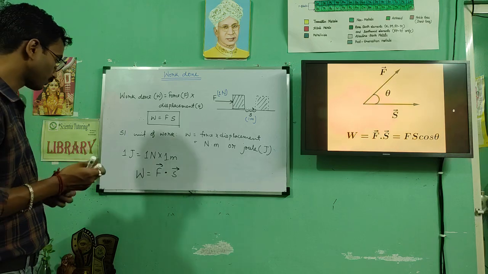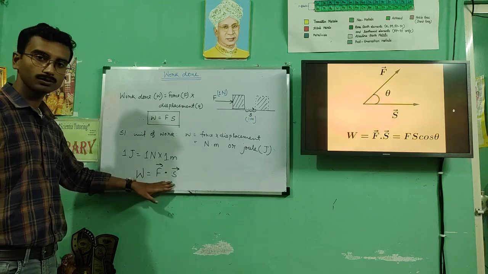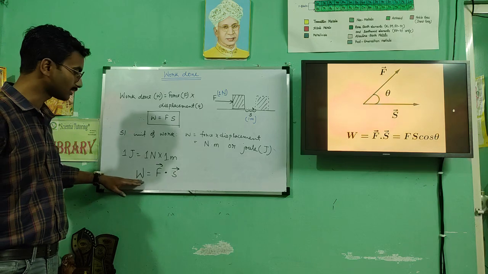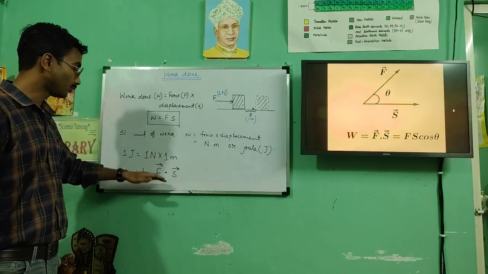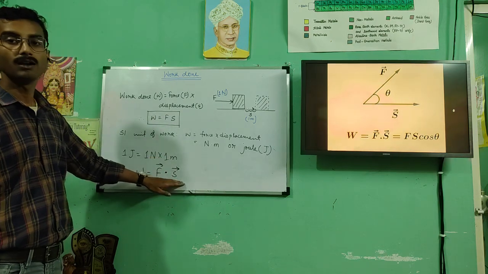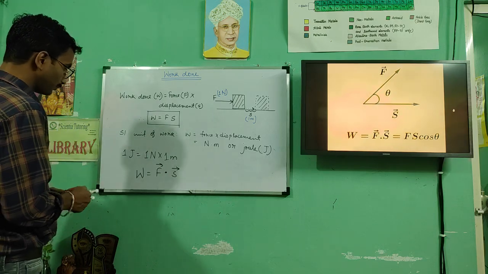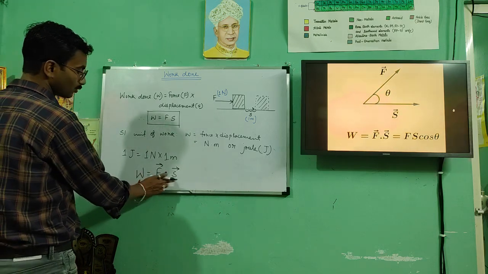We know that the result of a dot product is a scalar quantity. That's why work done is a scalar quantity, though force and displacement are vectors. Clear?